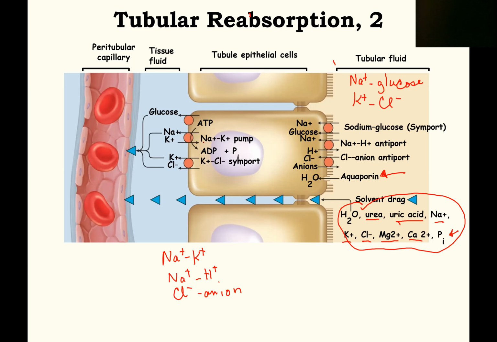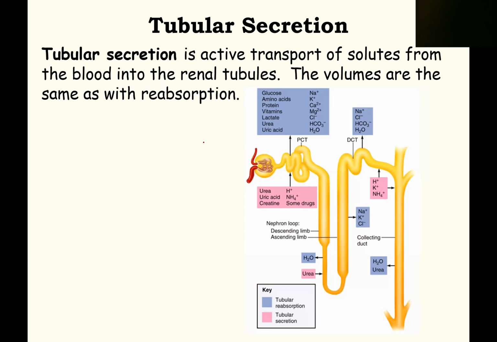All right. The third process in urine formation, now that we've pulled this stuff back into the blood, is tubular secretion. And this time we're going to focus on the pink boxes.